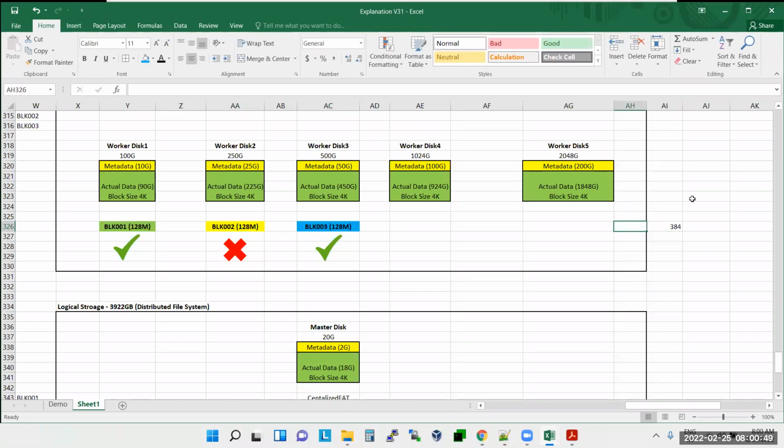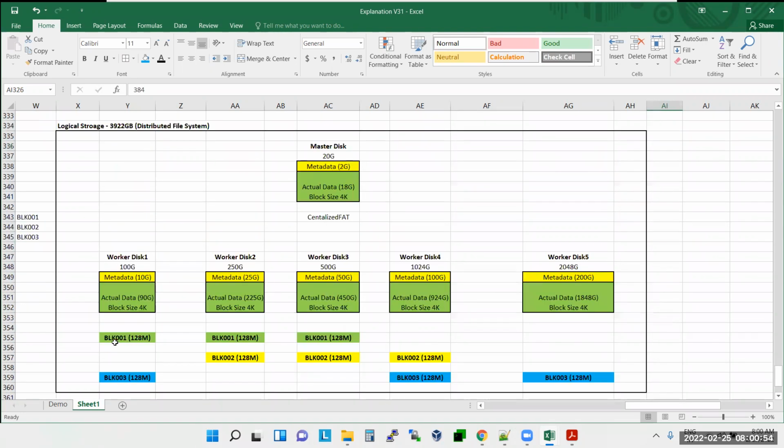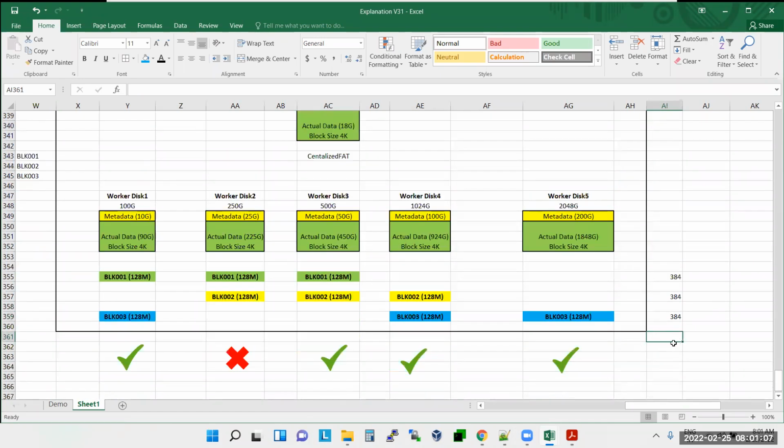Now 128 plus 128 plus 128, 384. But here, all these three together 384, one copy. All these three together 384. And all these three together 384.